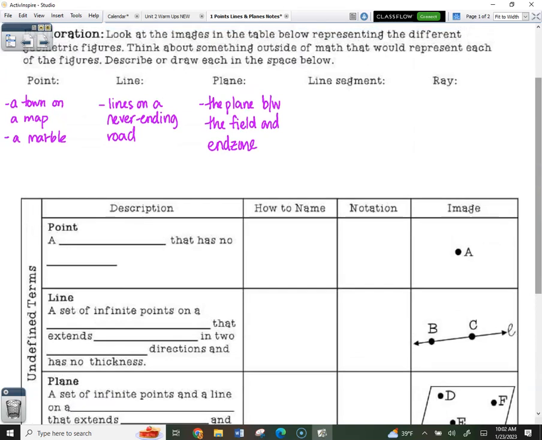Okay, so the trail from the bottom of the hill to the top. Yep, that's a segment. Hallway, perfect example. Yep, you got this end to that end. The out of bounds marks, like out of bounds on each side, across the field. Yeah.